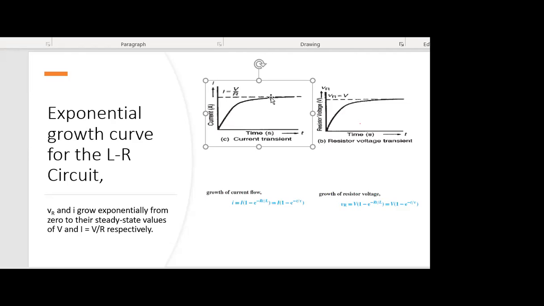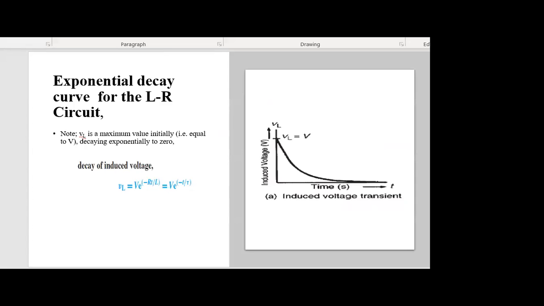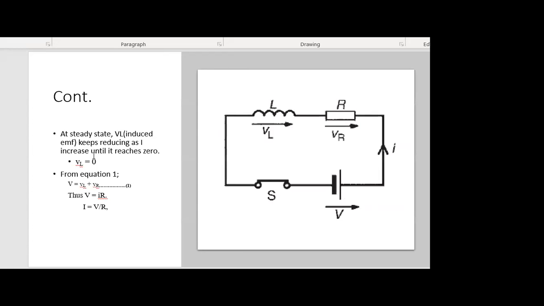At steady state, the EMF went to 0. Then we remained with V equals to, I think it was VR, at steady state. Yeah, VR.